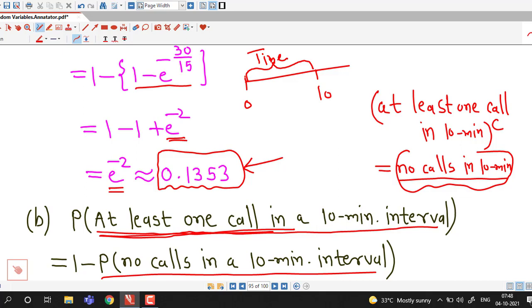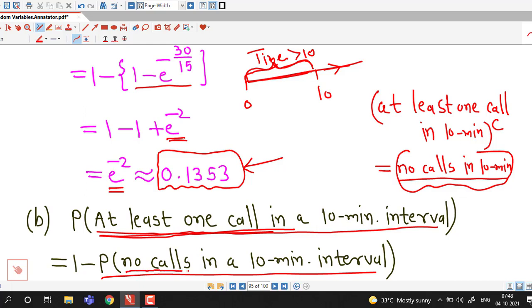So there are no calls in this time interval 0 to 10. So this is equivalent to saying that time between calls must be more than 10. Okay. If time between calls is greater than 10 minutes, then there will be no calls in 10-minute interval.